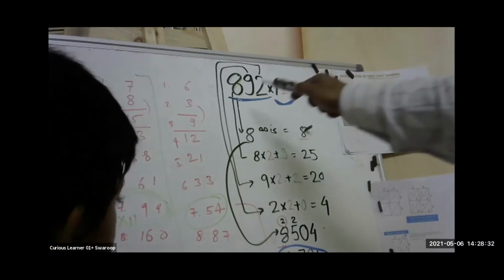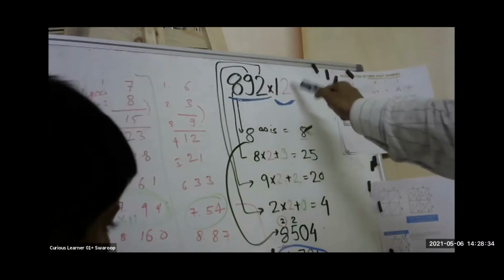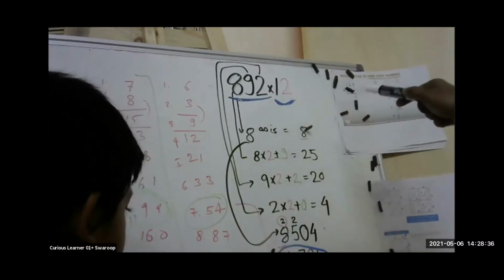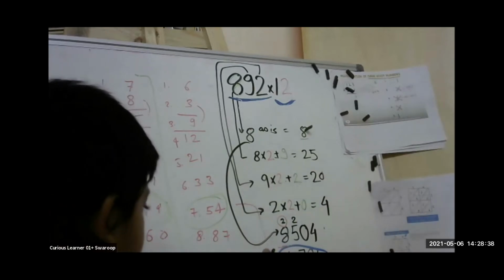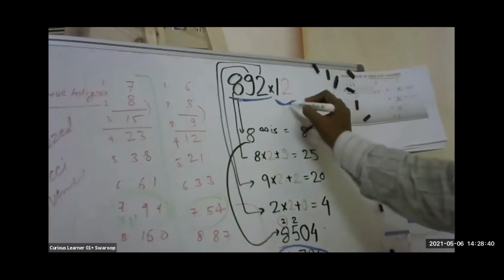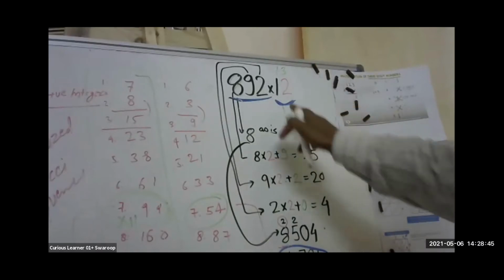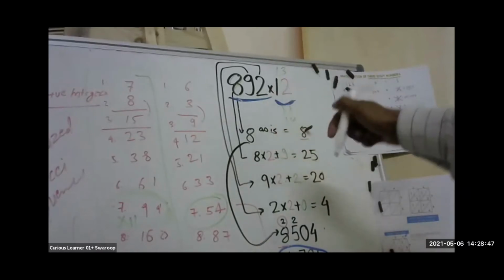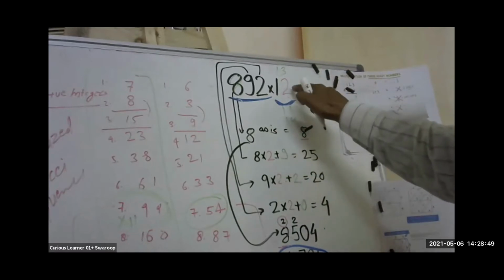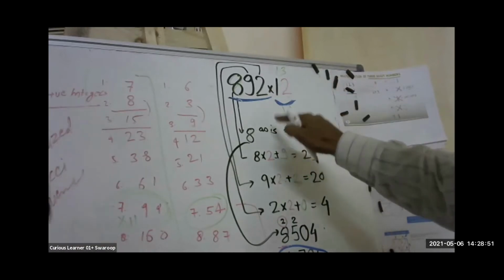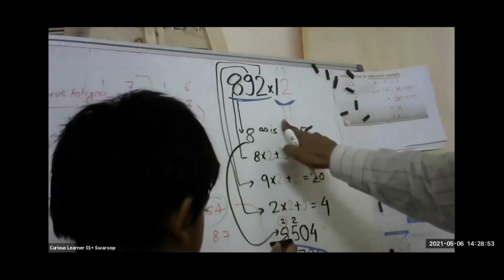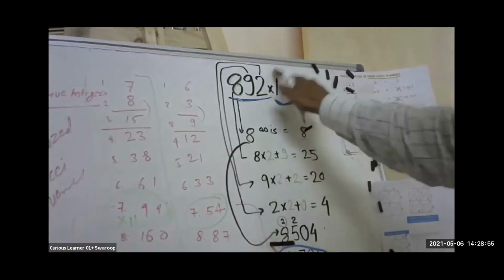Now you do one thing. 8 you multiply with 2, because this digit will change. It will be 11 sometimes, 13 sometimes, 14 sometimes. When you are multiplying with 12, multiply with 2. When you are multiplying with 11, multiply with 1. When you are multiplying with 14, start multiplying with 4.